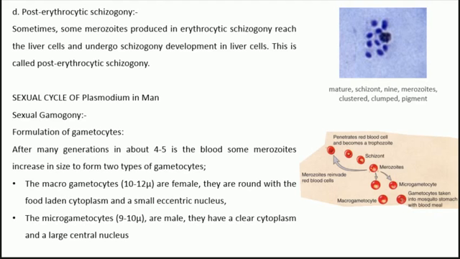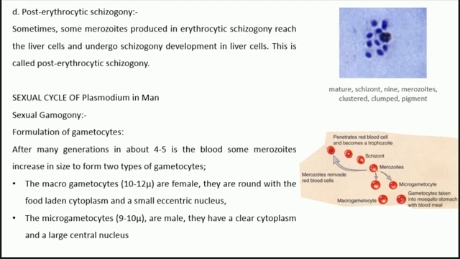Okay. So merozoites first form the macrogametocyte. The size may vary from 10 to 12 microns, and these macrogametocytes are female. They have food-laden cytoplasm and a small eccentric nucleus. So their nucleus is small.